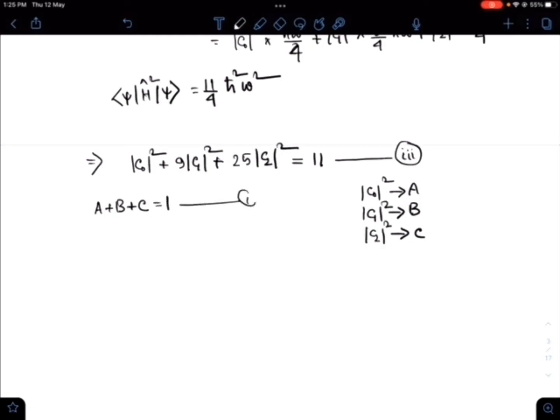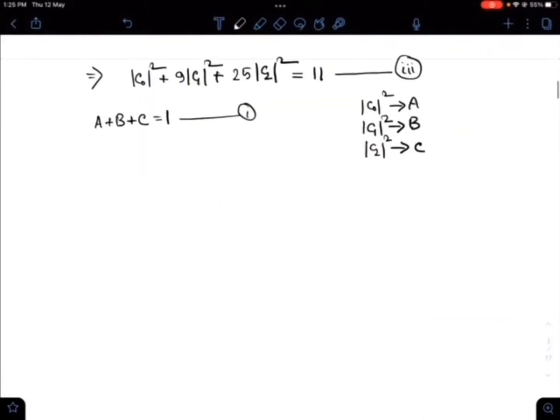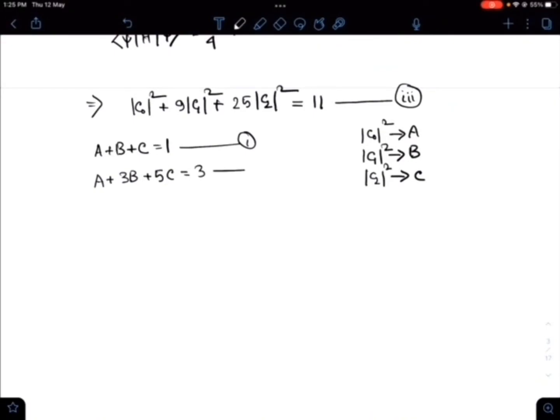Second condition: A + 3B + 5C equals 3. And the third condition is A + 9B + 25C equals 11.